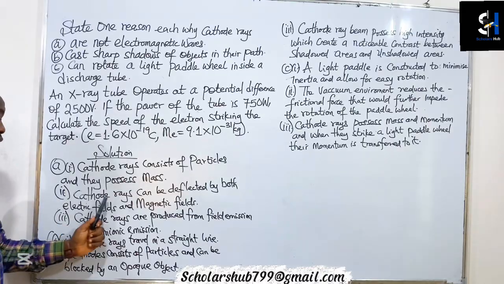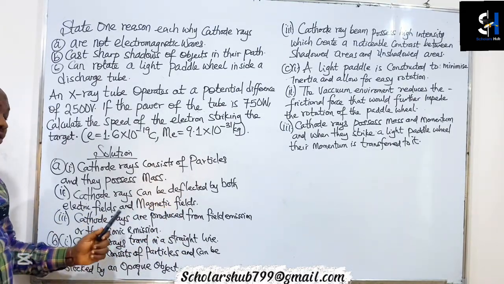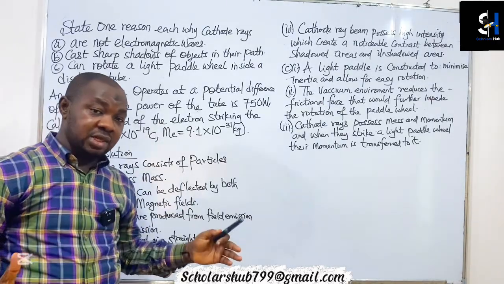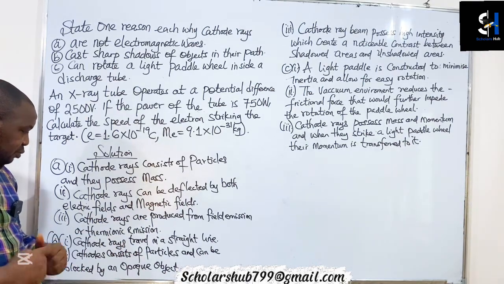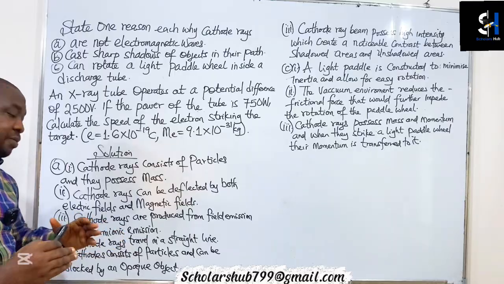Then we have that cathode rays can be deflected by both electric field and magnetic field, but electromagnetic waves cannot be deflected by electric field and magnetic field. Also, electromagnetic waves do not possess mass.